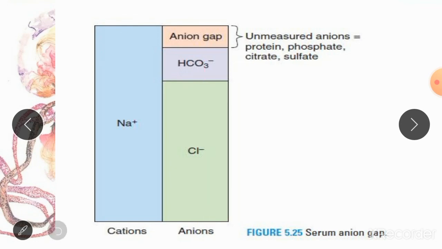But on the other hand, if you have ingested some acid, or your body is producing large quantities of lactic acid, which is a part of your unmeasured anions, this acid is going to neutralize your bicarb, because hydrogen ions produced by the acid are going to combine with the bicarb and reduce its total concentration and increase the concentration of unmeasured ions such as lactic acid or citric acid.